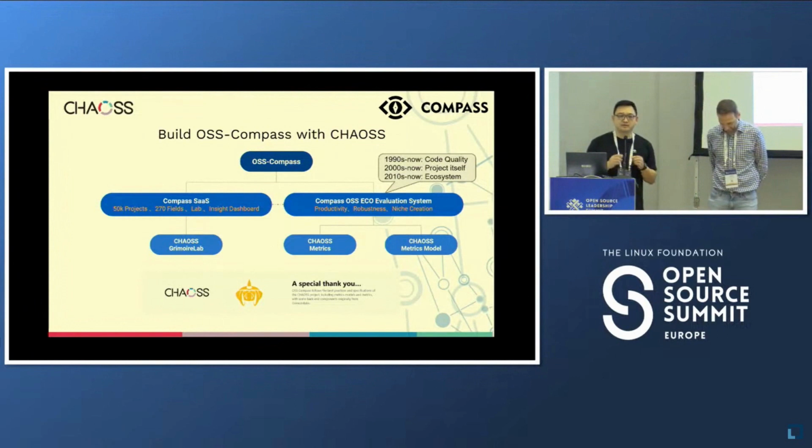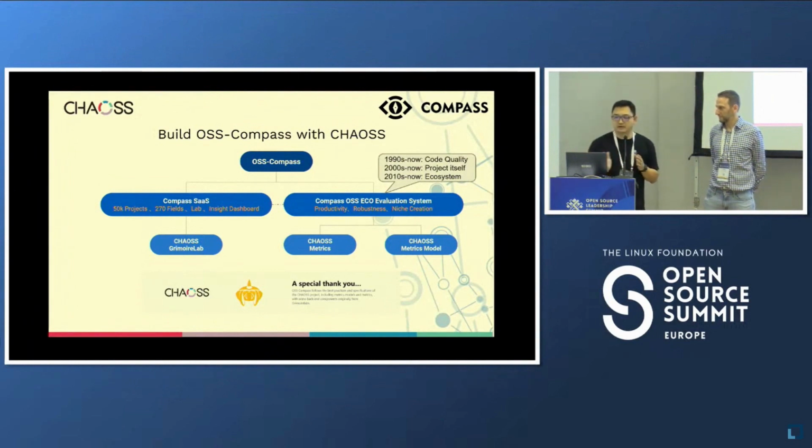So I did research work in this area, on evaluation in open source over the past 30 years, from the economic research output. I found that there exist two main streams of open source evaluation. The first is initialized from last century.